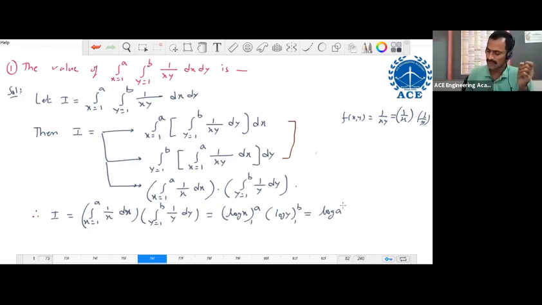Log 1 is 0. So just log a, into upper limit log b, lower limit log 1, which is 0. That is log b. It is the answer.